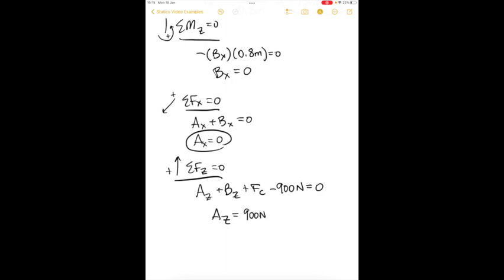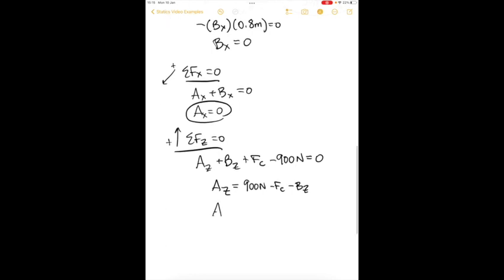So AZ is equal to 900 newtons minus FC minus BZ. We found that BZ was negative 450. So when we do that, AZ is equal to 750 newtons. So there we did it.